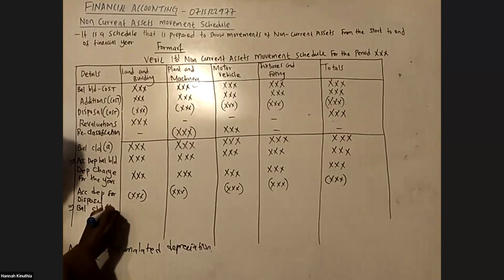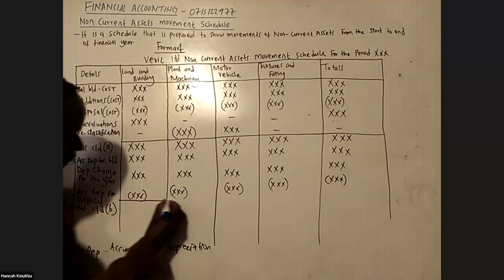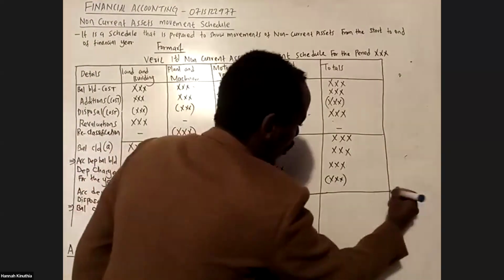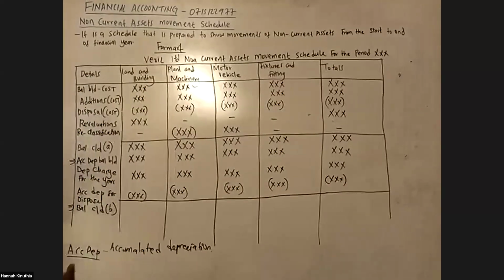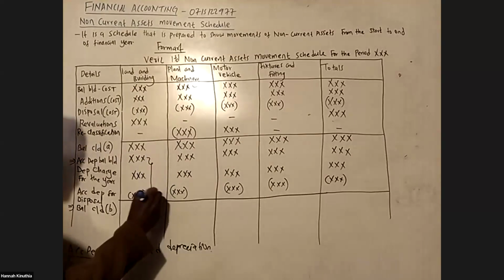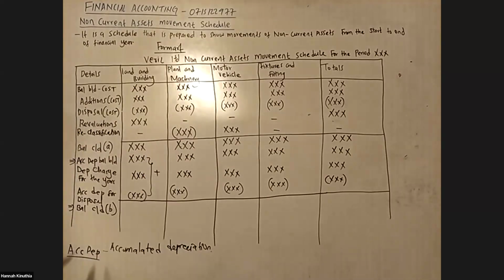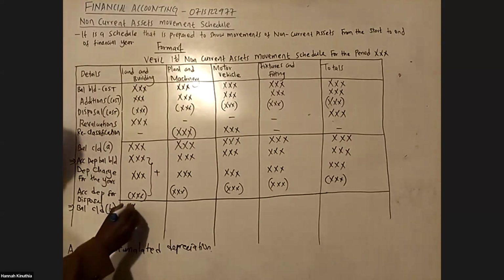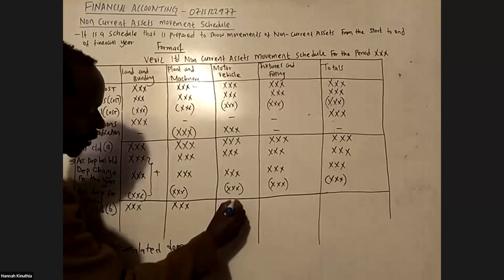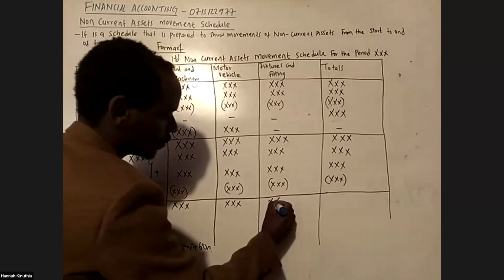This one we call B. So you add these items: balance brought down plus depreciation charge for the year minus the accumulated depreciation for the disposal. You get this item.